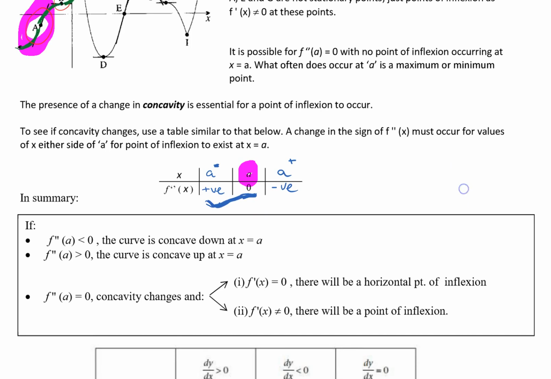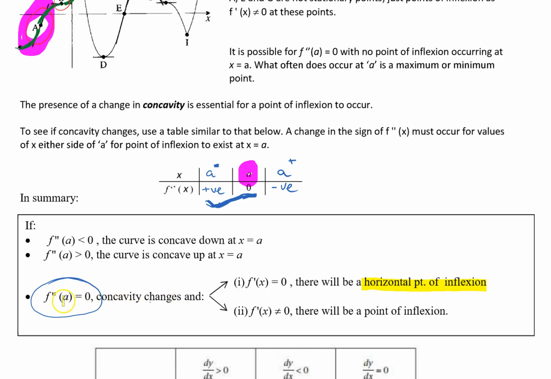Okay, so what have we got? If the second derivative is less than 0, we know a curve is concave down. If the second derivative is greater than 0, it's concave up. But for concavity to change at A, if we've got the second derivative at A equaling 0 and concavity changes, if we've got both these things happening, and if the first derivative is 0, then we've got this thing called a horizontal point of inflection.